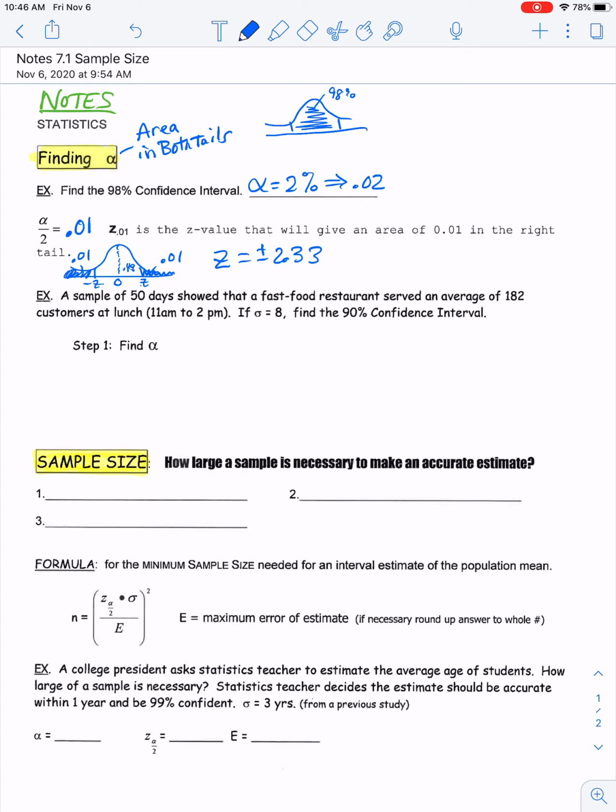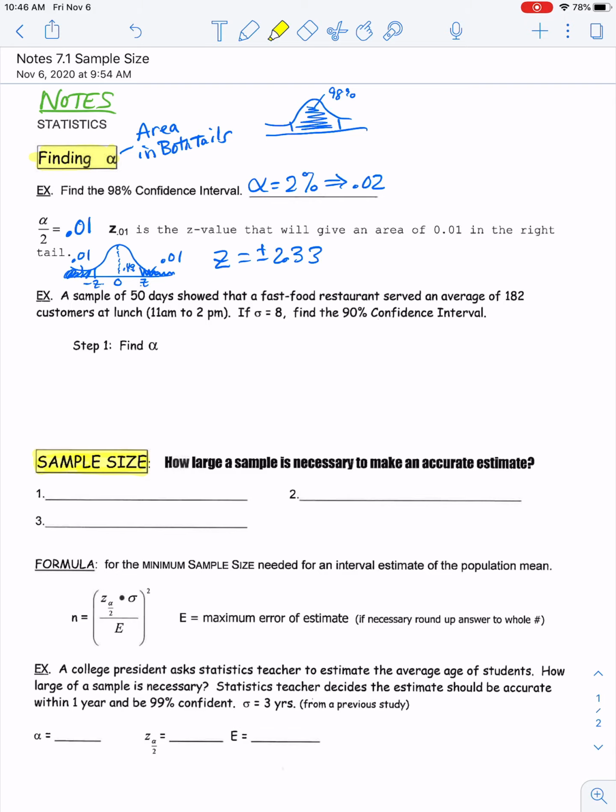Okay, well, let's see what that all has to do with anything. It says a sample of 50 days showed that a fast food restaurant served an average of 182 customers at lunch. If the standard deviation is 8, find the 90% confidence interval. So first of all, let's think what alpha is for this case.